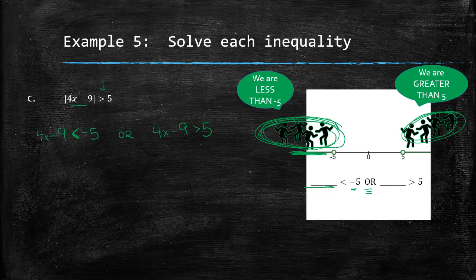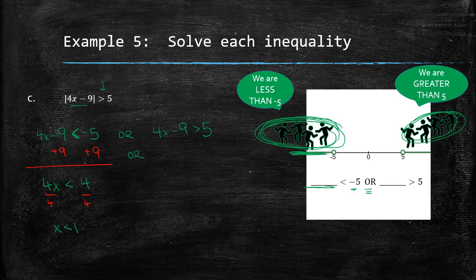Okay, we're going to solve our two separate inequalities. So let's add 9 to both sides. We'll have 4x is less than 4, divide by 4. x is less than 1.